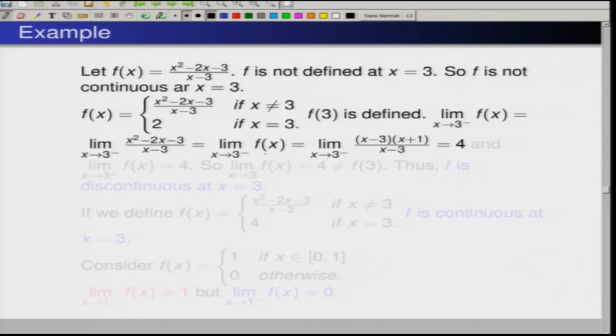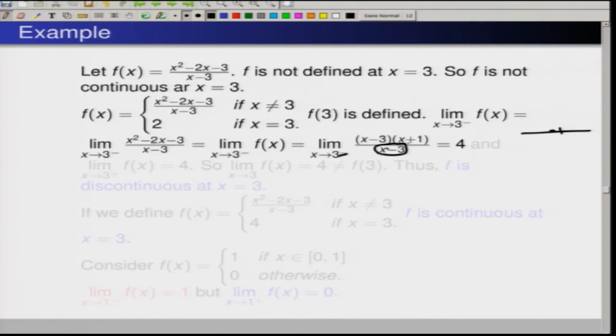Remember that in order to calculate the limit, x may not be equal to 3, we do not need that condition. So, for any x, here in this case x is not equal to 3 and x is less than 3, x minus 3 is not equal to 0 for those x.